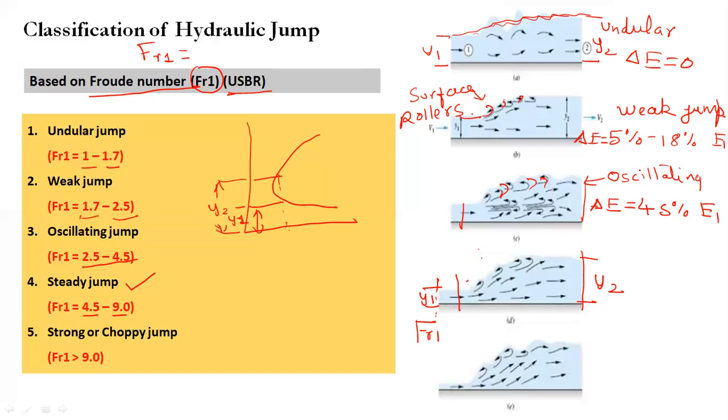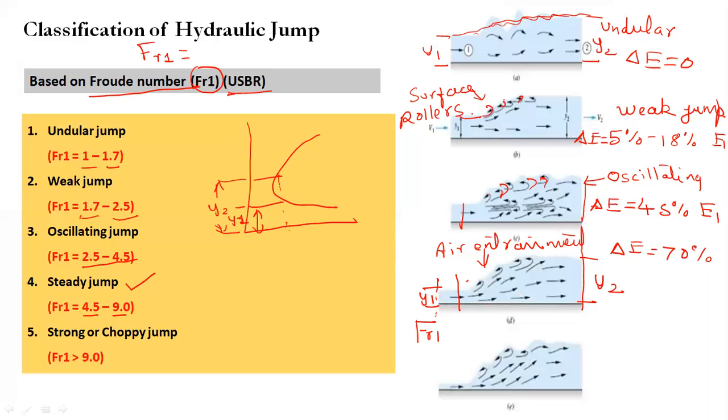You are going to get a clear aeration and a good amount of air entrainment, and because of that you get a good amount of energy dissipation also. You can expect up to 70% energy dissipation. Such jumps are very good and expected when you are providing energy dissipators, so they will form exactly in the stilling basin.